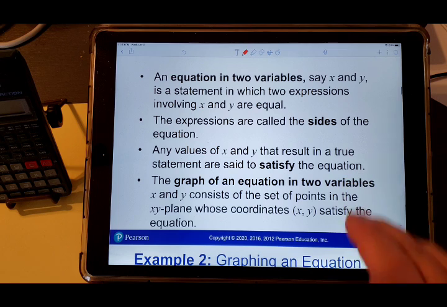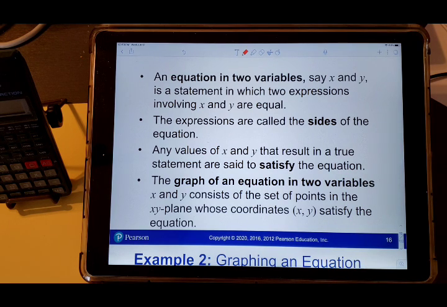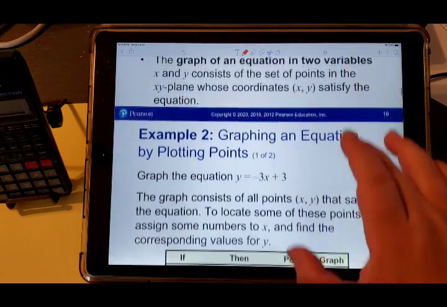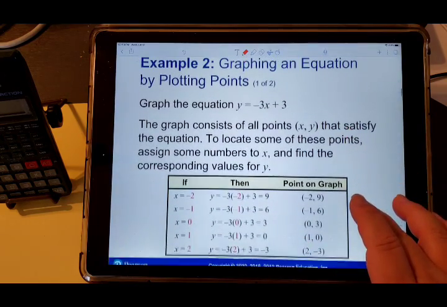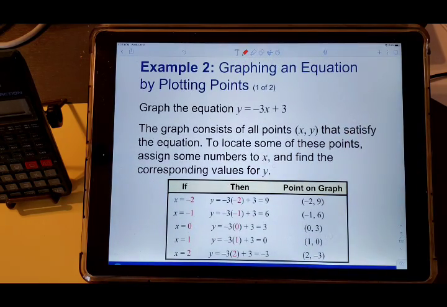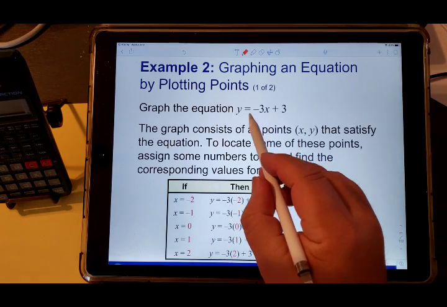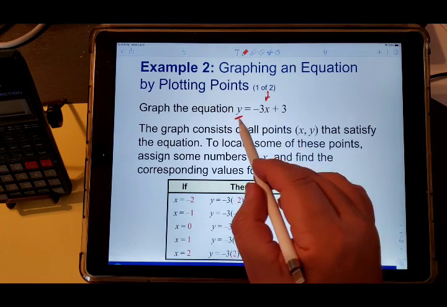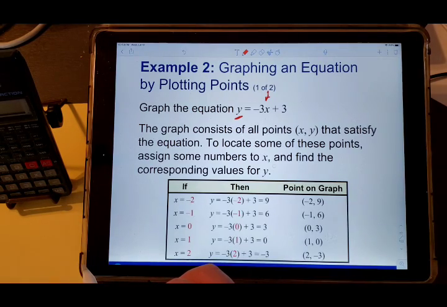To graph by plotting points, I have my own take on this, but I'll just have this slide here so you can look at it. But let's go ahead and do a graph by plotting points. When I say I have my own take on it, I think of this as a machine that's made to find y. In other words, you can put in a value of x, and it's made to find y.